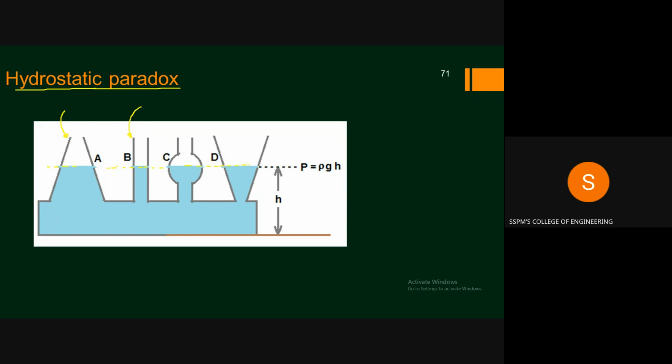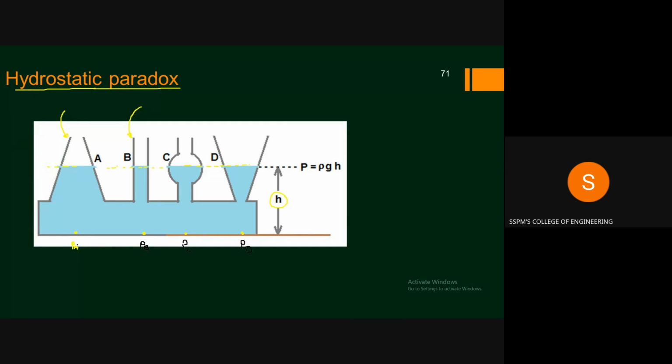So that level of the liquid is H. Okay, and if you want to find out the pressure at the bottommost point for each vessel, consider this pressure as PA, this pressure is PB, this is PC, and this is PD.